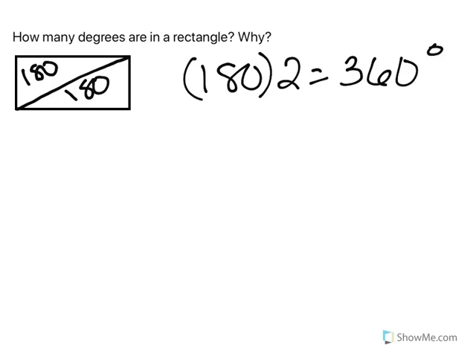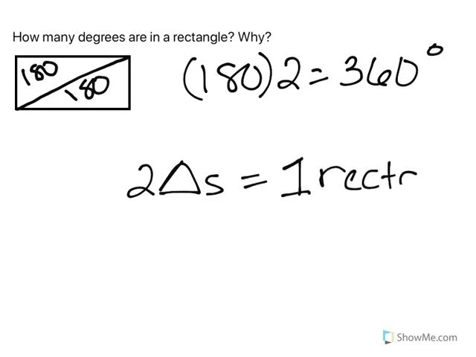So we've shown it with the paper, we've torn off the corners, we've shown it conceptually, but if you think about slicing a rectangle in half, you see that 2 triangles equals 1 rectangle. And this is applied to area formulas. It's applied to a lot of information in geometry.